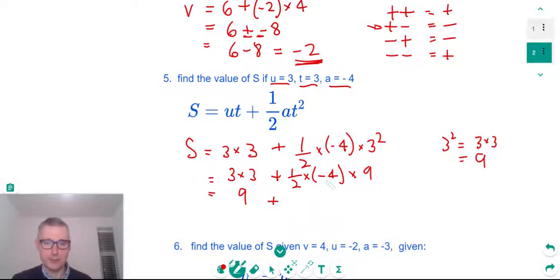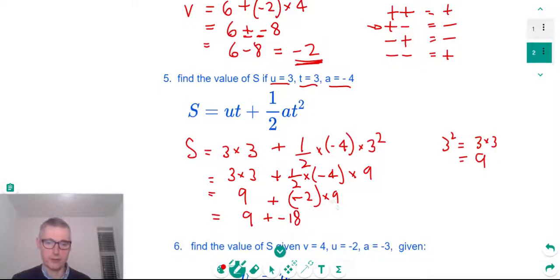So half times -4 would actually give us, half of 4 is 2, but because it's a positive times a negative, it's going to be -2. I'm going to put this in as a step. So the half times the -4 will give us -2, and that's still times by 9. And then I'm going to write this again. 9 plus -2 times 9 is actually -18.